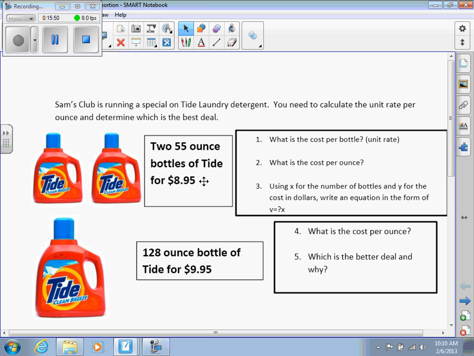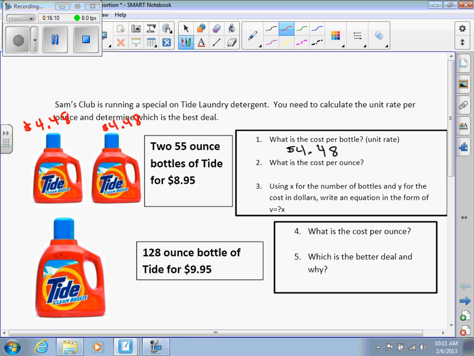$4.47. We need to round it? Okay, so it's $4.48 per bottle, right? Each one's $4.48. That makes sense? Okay, question 2. What is the cost per ounce? Well, how many ounces are in each one? There's 55 ounces of liquid in here. I want to know how much 1 ounce is.